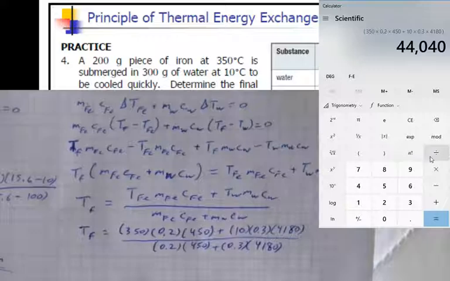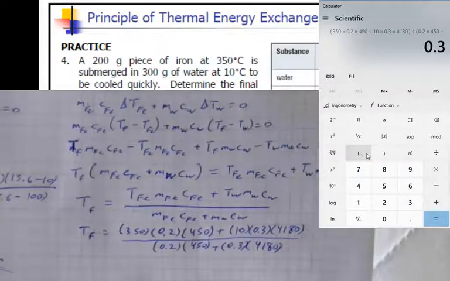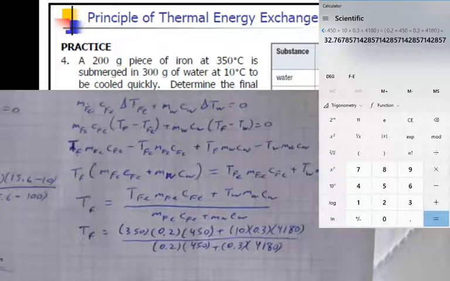Close the bracket. That's my numerator. Divided by the denominator: bracket 0.2 times 450 plus 0.3 times 4,180. Close the bracket. Equals 32.77.